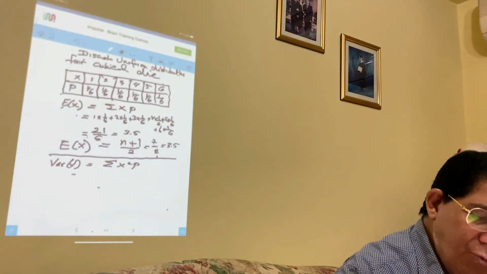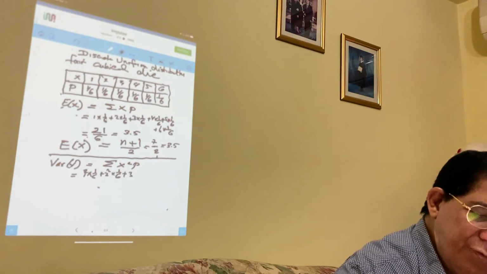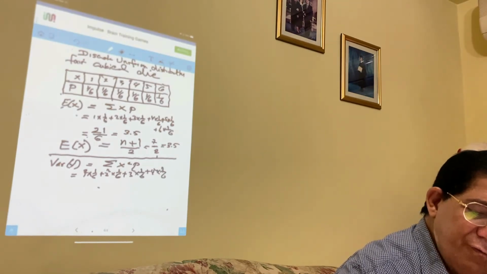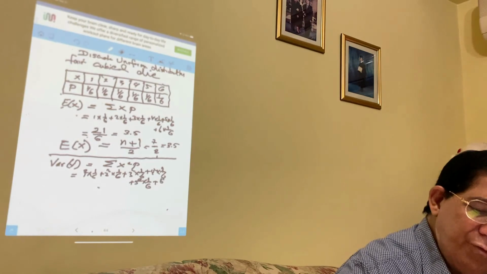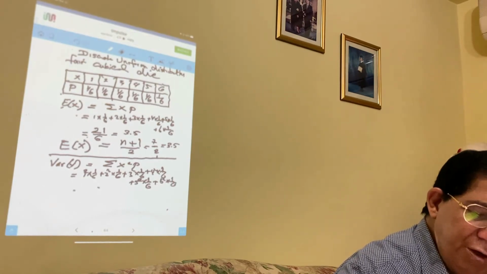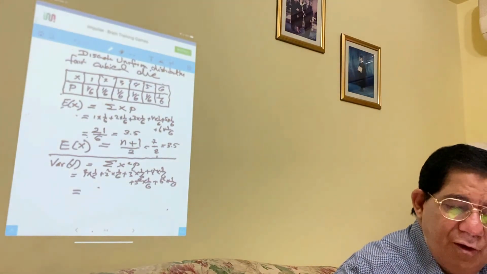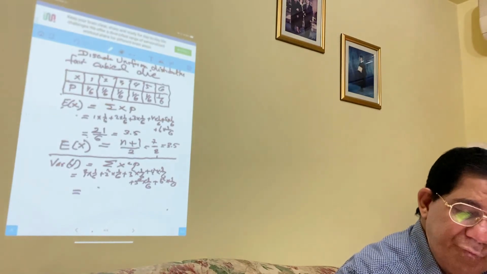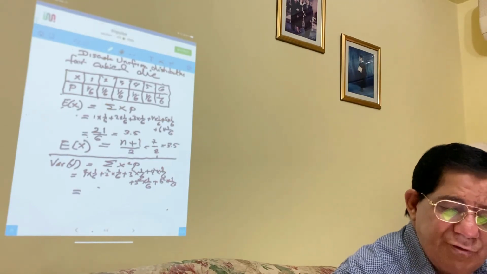It will be 1 squared times 1 over 6, 2 squared times 1 over 6, 3 squared times 1 over 6, 4 squared times 1 over 6, 5 squared times 1 over 6, and 6 squared times 1 over 6, which is 1 and 4, 5, 5 and 9, 14, and 16, 30, and 25, 55, and 36.